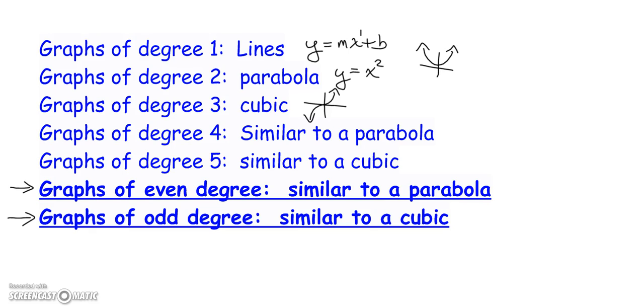A cubic is exactly the opposite, or anything raised to an odd degree. What I'm really getting at here is end behavior. What does it do out here, out here, out here, and out here? The middle is going to be different in every graph. So that would be for odd degrees.